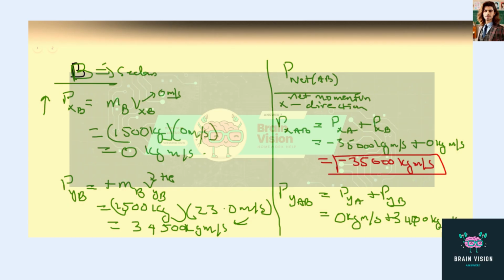So the net momentum in the y direction is positive 34,500 kilogram meters per second.